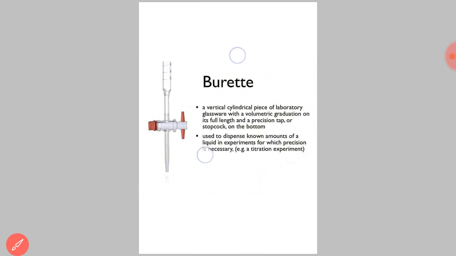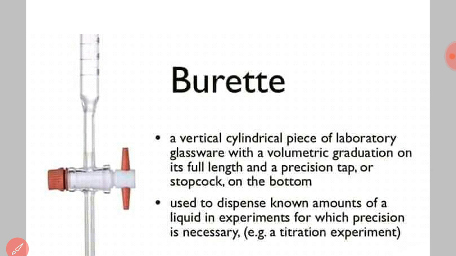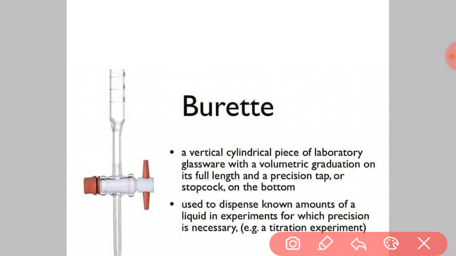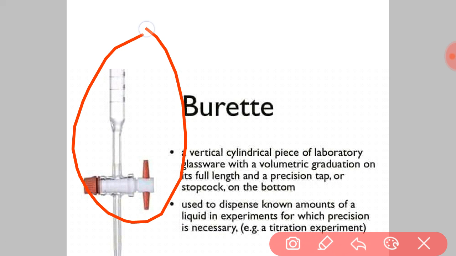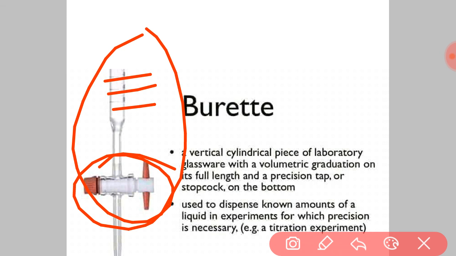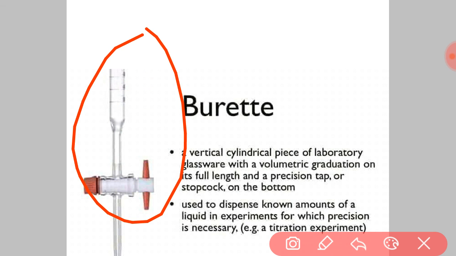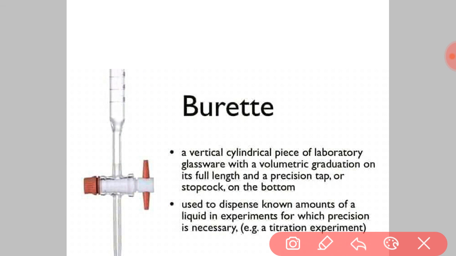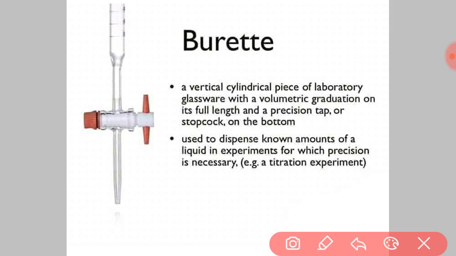Going to the next apparatus, that is burette. Okay, a very common lab apparatus, that is burette. See this is a picture of a burette. A volumetric scale is marked in the upper part, then a pump-like structure, the stopcock, is placed in the middle part. It is a vertical cylinder piece of laboratory glassware, usually glass, with volumetric graduation along the full length and a stopcock at the bottom.